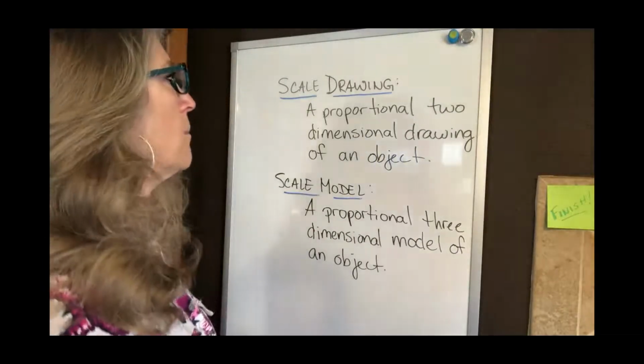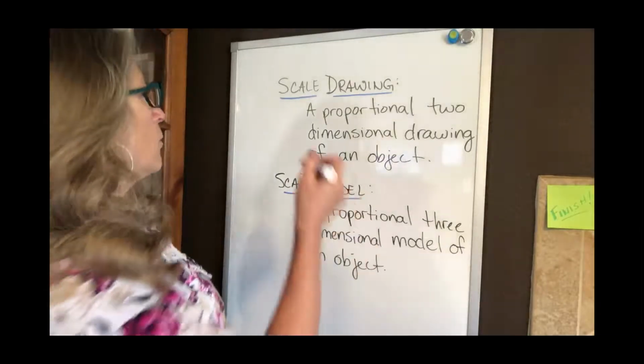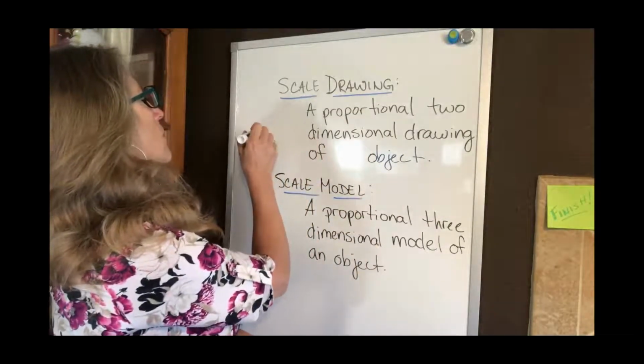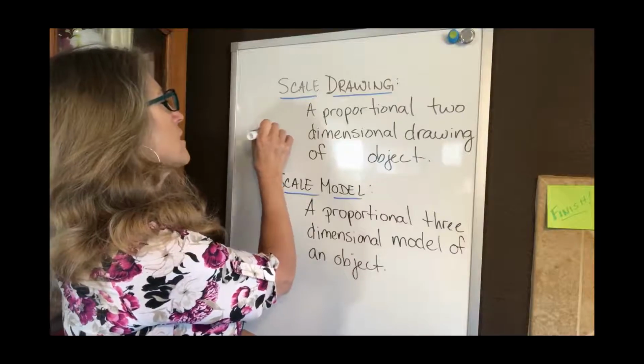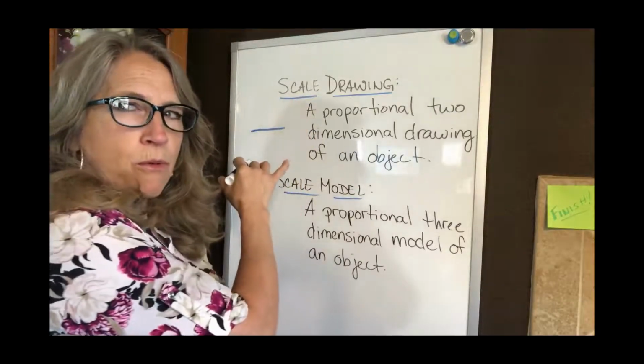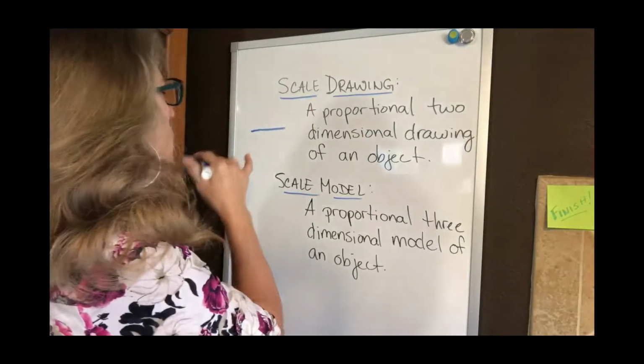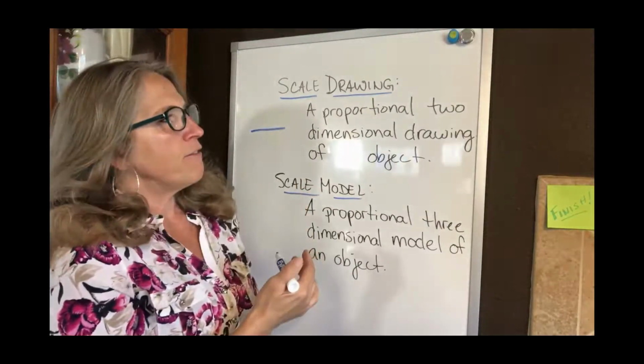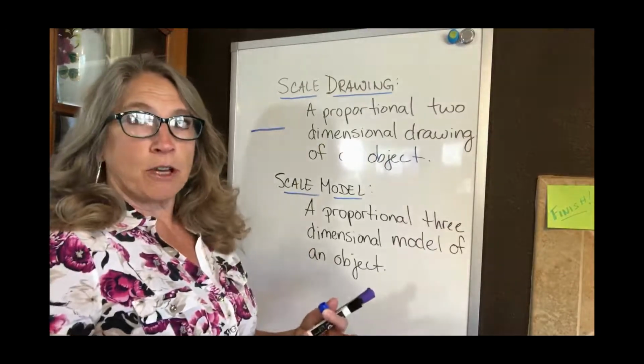What I want you to think about on a proportion is that for our scale factor, we're going to come up with some ratio or proportion that will work for us to multiply and find out the dimension that we're looking for.